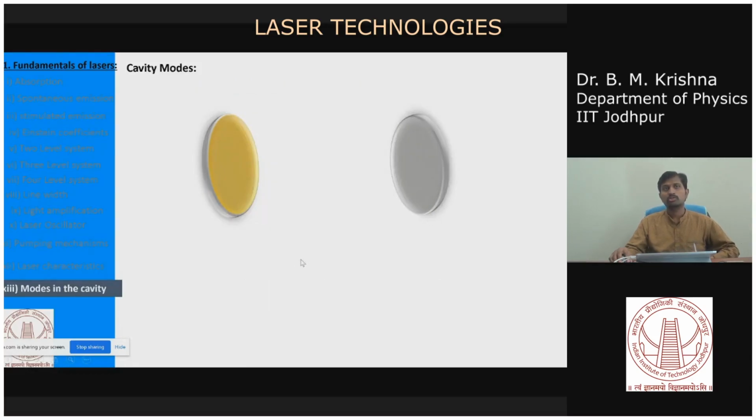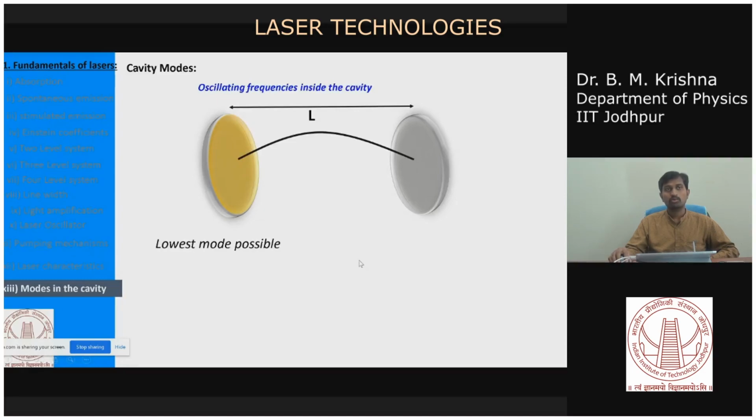Okay, now we go one by one slowly. First we go to the lowest mode possible. This is our cavity with a length of L. The lowest mode possible is this one, your standing wave formation. Now your length is equal to lambda by 2. So the lowest possible wavelength condition is lambda by 2, that is, lambda 1 is nothing but 2L.